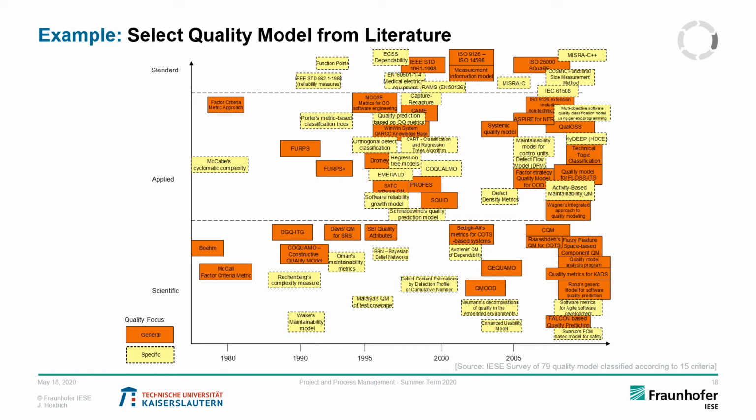And for our example, let's assume we analyzed the literature and checked what model is most appropriate for us, and the decision was made that we will build our own quality model based on the ISO 25000 SQuaRE standard.